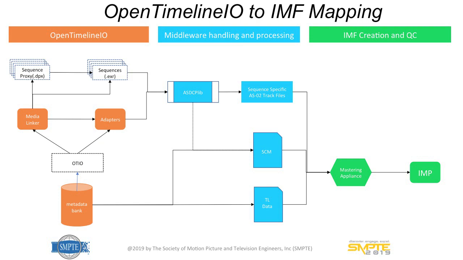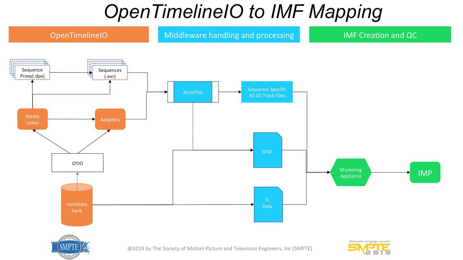So we can exchange this across to another separate middleware stack, and then, utilizing another open source tool set called asdcplib, we can create our texted and textless sequence-specific AS-02 track files. We can then bundle in a very structured manner the respective metadata and OpenTimeline information into a sidecar composition map, which we can ingest into a mastering appliance, where an operator, or, if we're at a point where some form of assisted solutions exists, can create an IMP.